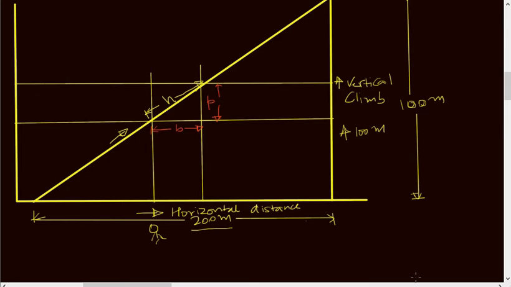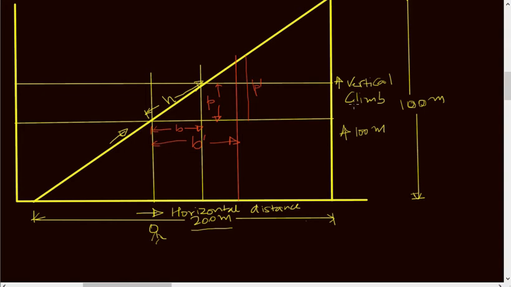And imagine we have another point. Let me draw it here. I call this B prime, and this is P prime.